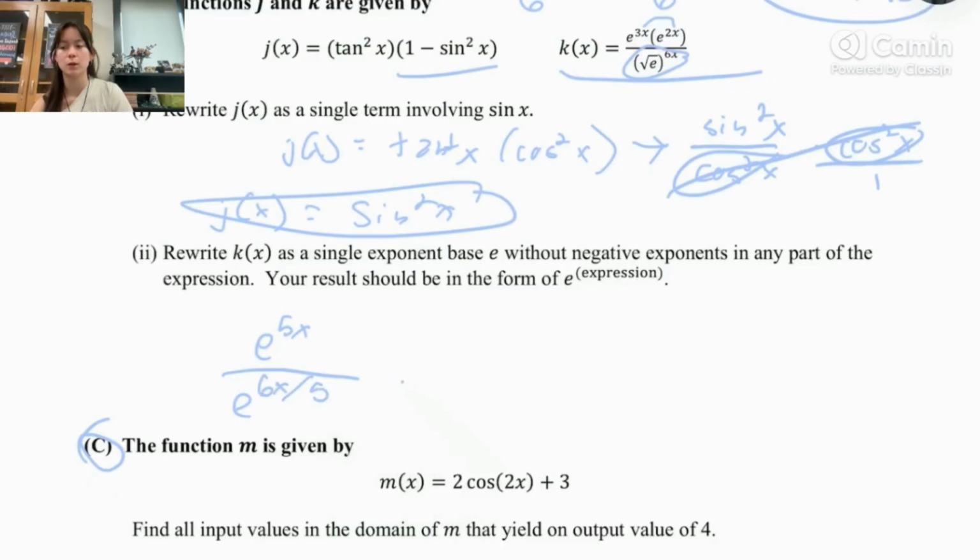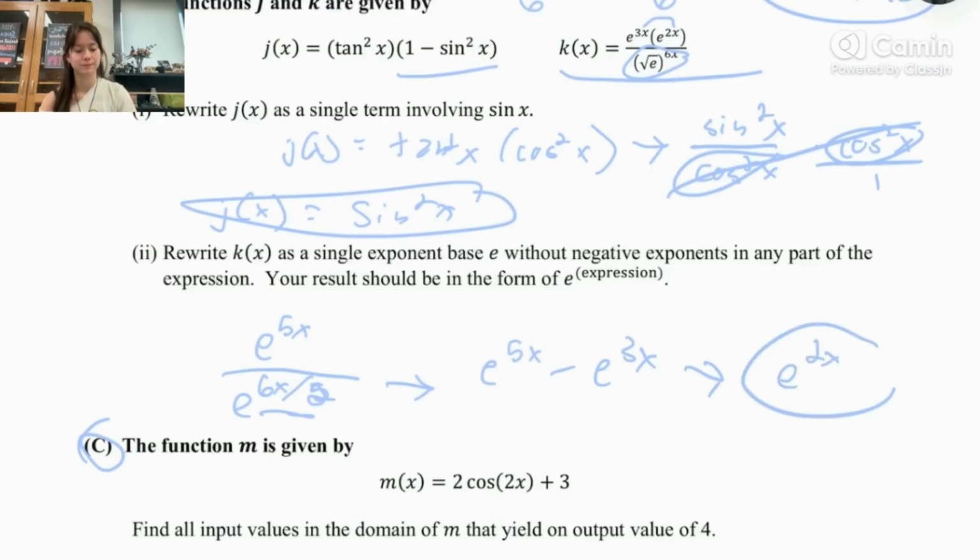From there, you can bring the 1/2 up, which is the same thing as 3x. So it would be e to the 5x minus e to the 3x, because when it's a division, all you have to do is bring that up and it's subtraction. And that would get you e to the 2x.